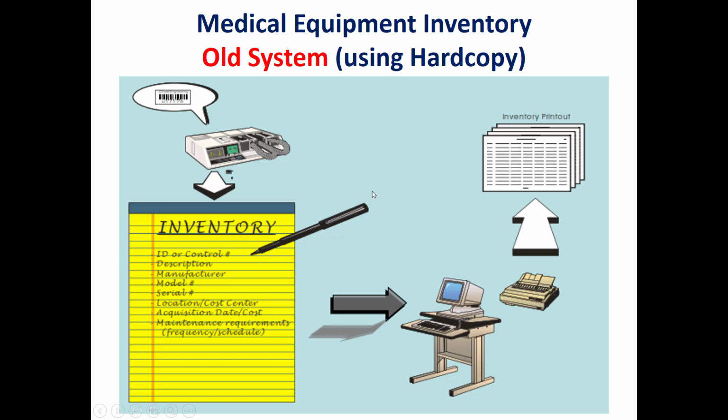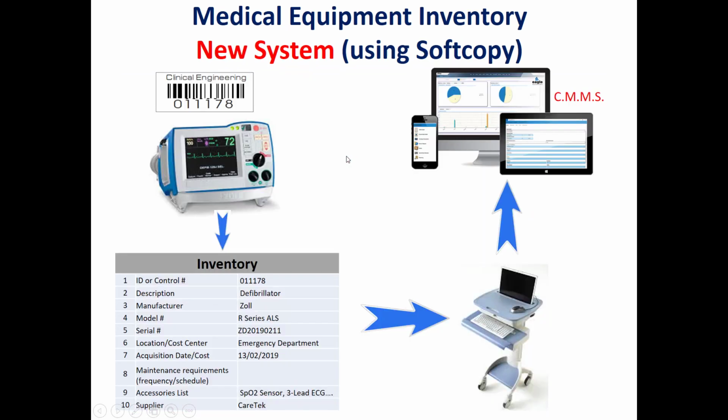All these documents were paper, whereas in the new system, which is a CMMS, a computerized maintenance management system, everything is computerized. We no longer need to make a hard copy or use paper to document each step.